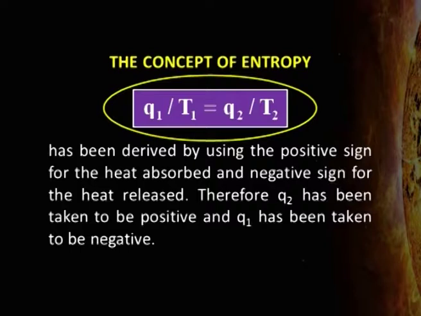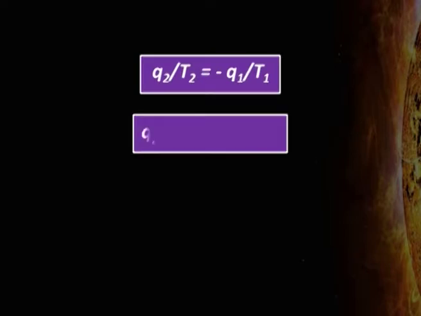If we put both as positive, whether it is heat absorbed or heat released, then this equation will take the form Q2 upon T2 equal to minus Q1 upon T1, or we can say that Q2 upon T2 plus Q1 upon T1 equal to 0.